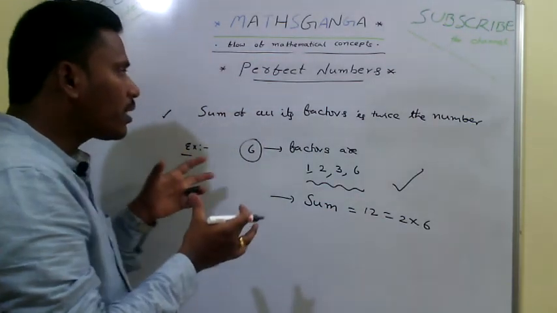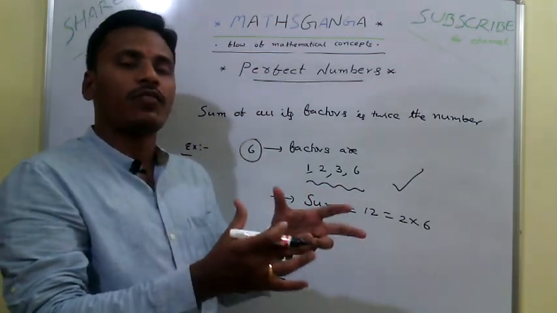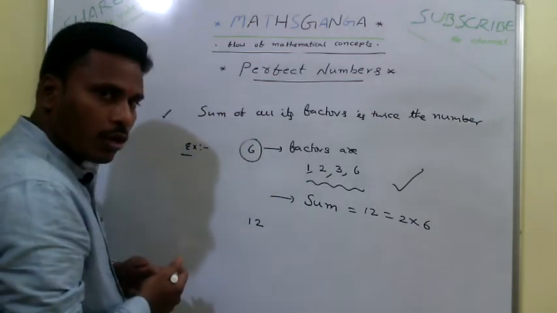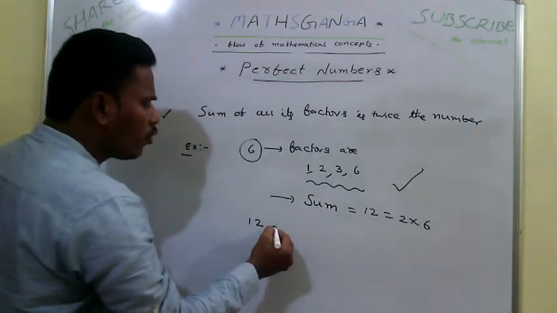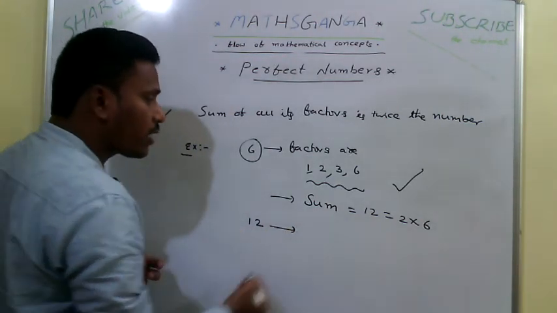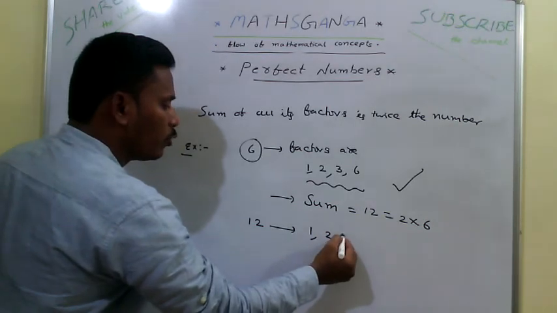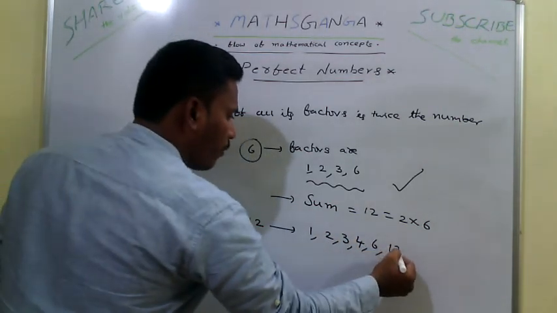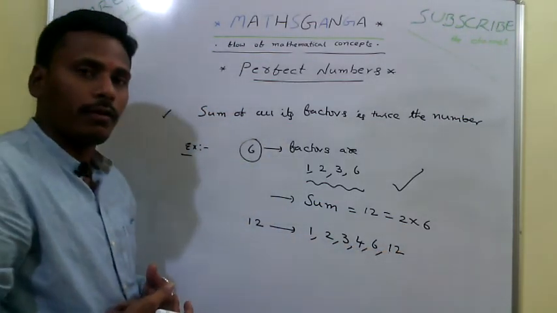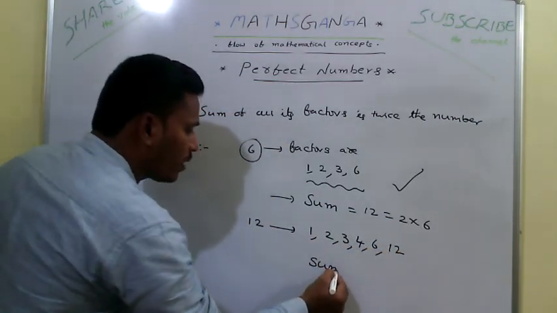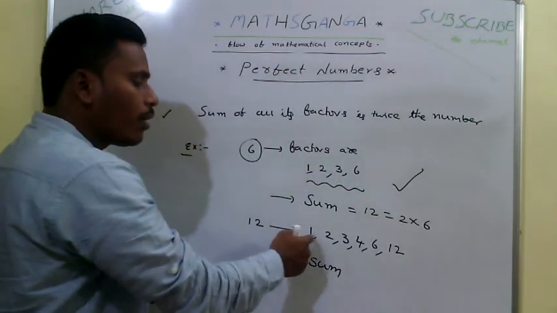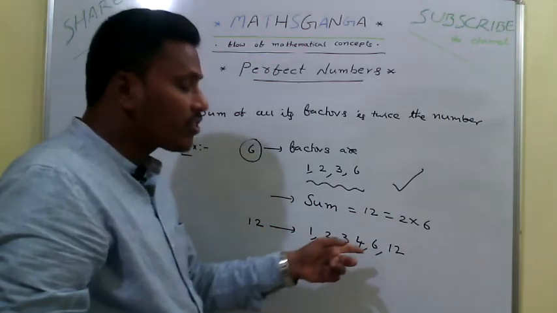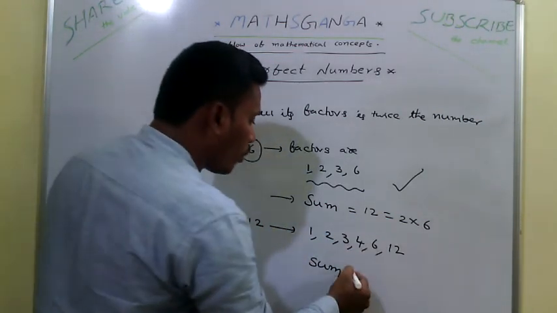So a perfect number is a number for which the sum of all its factors is twice the number. Suppose you have some other number like 12, or 18, take any number. What are the factors of 12? 1, 2, 3, 4, 6, and then 12. If you add all the factors of 12, 1 plus 2 is 3, plus 3 is 6, plus 4 is 10, plus 6 is 16, and plus 12 is 28.